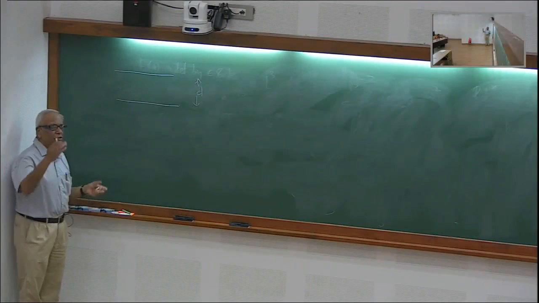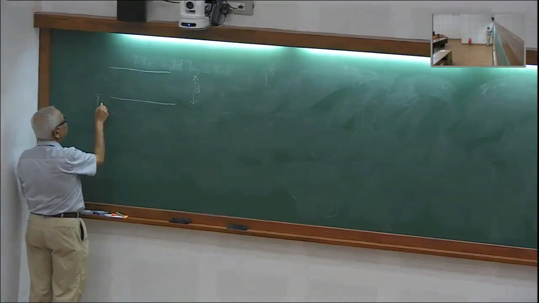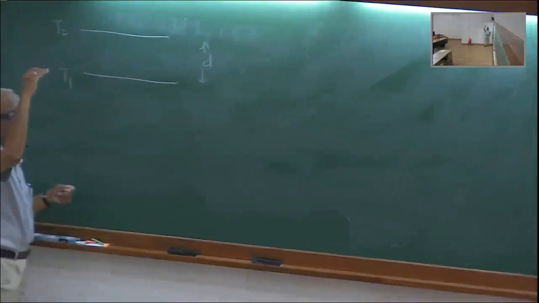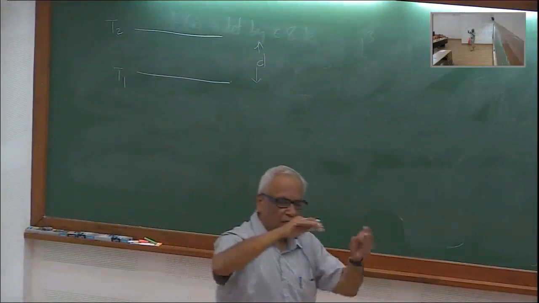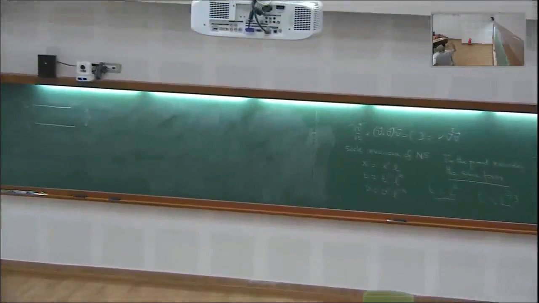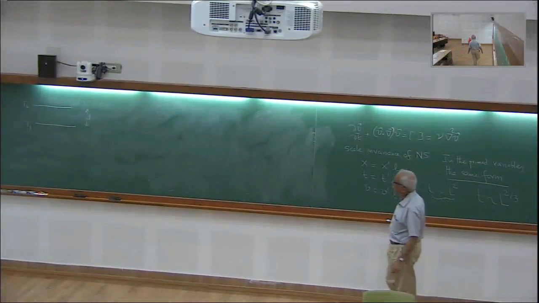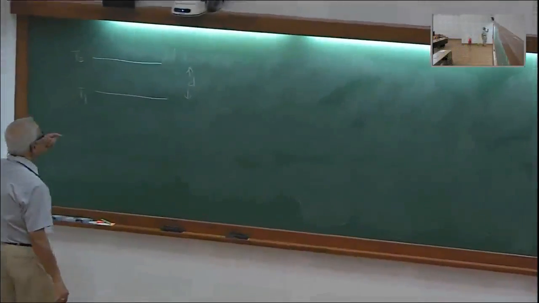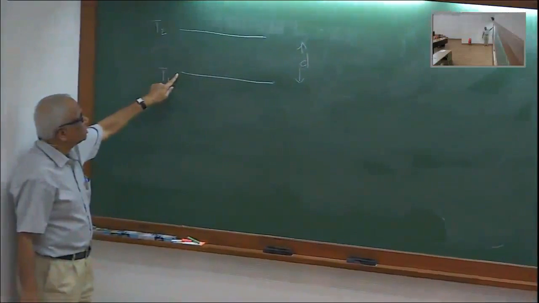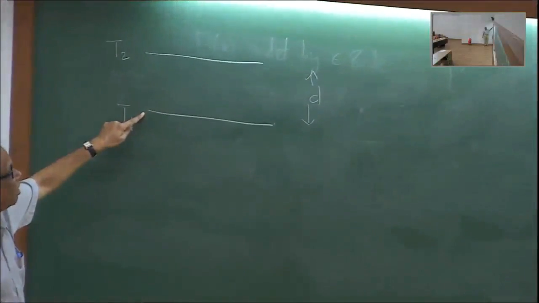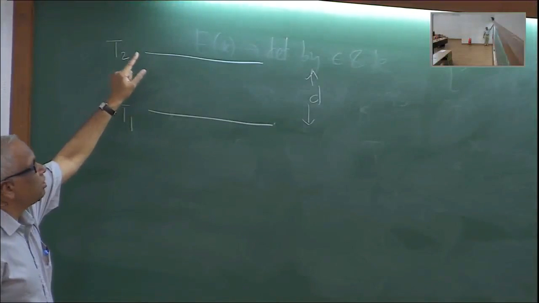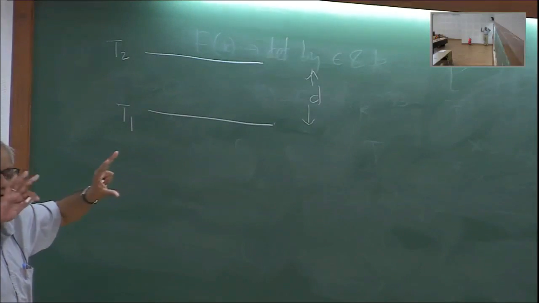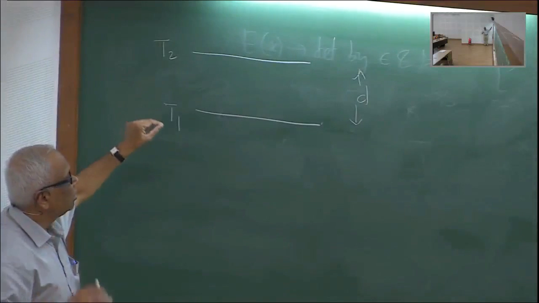I'm going to maintain a temperature difference between the top plate and the bottom plate. The plates are perfect conductors, so you have a constant temperature on the plate everywhere; they are equitemperature surfaces.